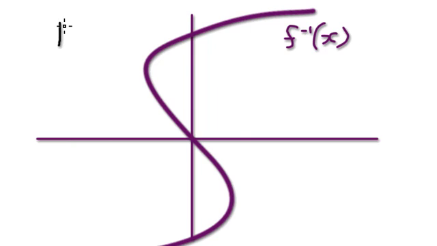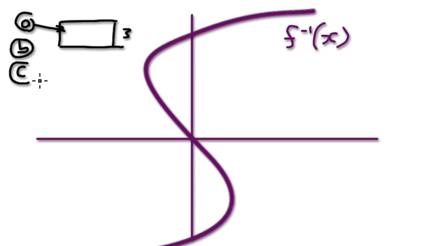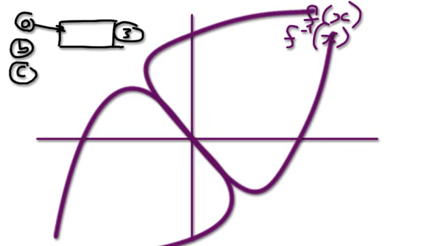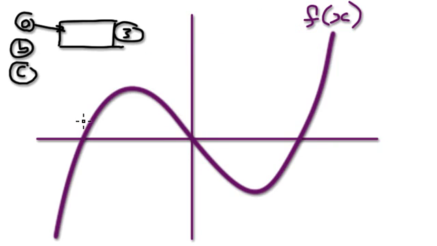Earlier we had a case where we put in a, b, c, and then we got out the same number 3. Going back to here, earlier we said 3 was around here.